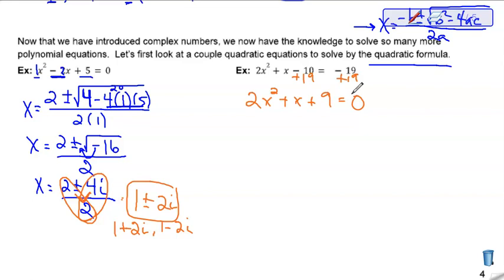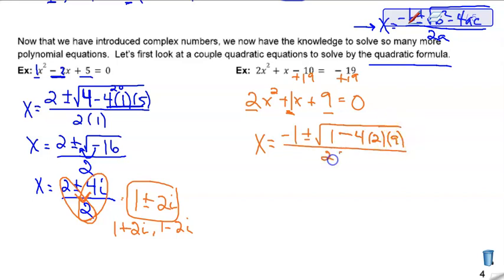So we're going to resort back to the quadratic formula. Okay, so I'm going to let a be 2, b is 1, c is 9. So we get x equals negative b plus or minus the square root of b squared, so squaring 1, minus 4 times a times c, all over 2a.